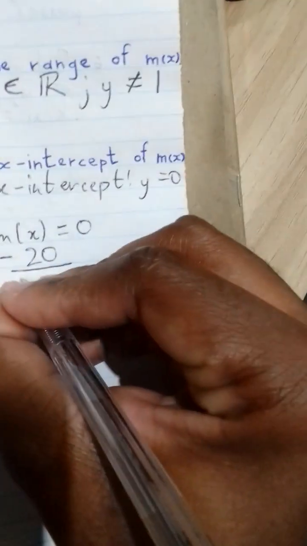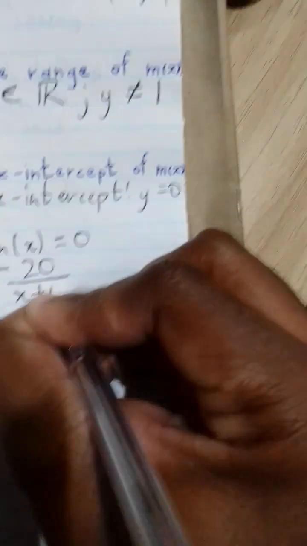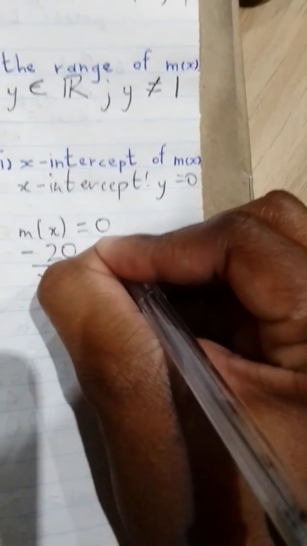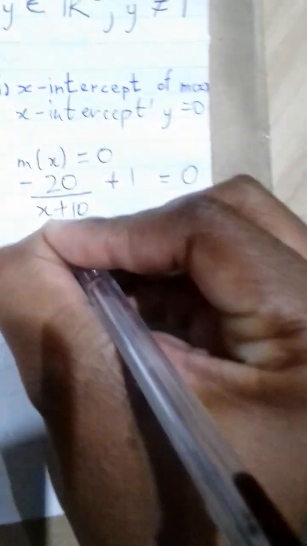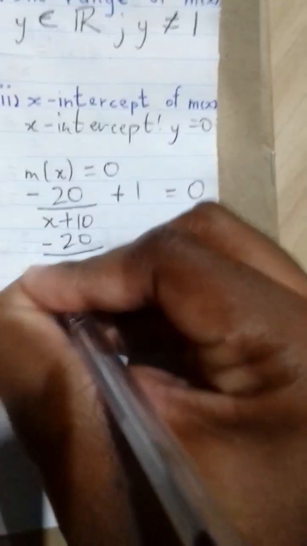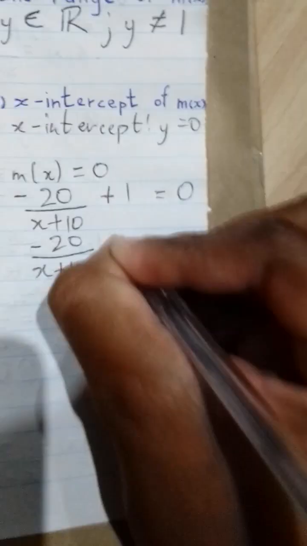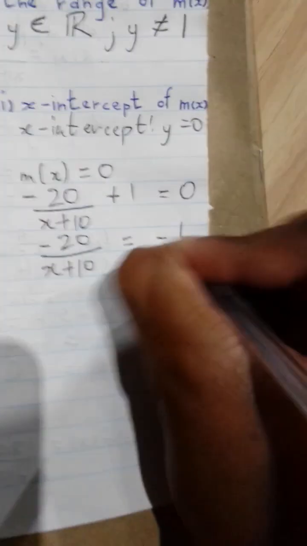Negative 20 over x plus 10 plus 1 is 0. Positive 1 goes to the other side, it becomes negative 1. Negative 20 over x plus 10, negative 1 over 1.